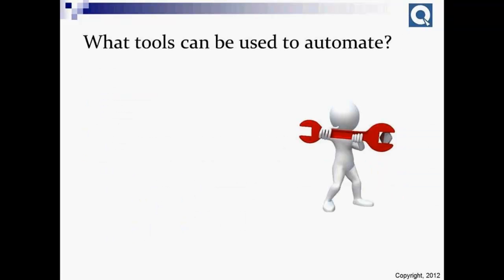What tools can be used to automate web services? Mobile devices use a lot of web services, and a web service can basically be defined as a way of taking data from the device and passing it to the back end without going through the UI. Really what's happening is that a file in a format of XML or JSON is being created, and it has specific data that can relate to a test case.